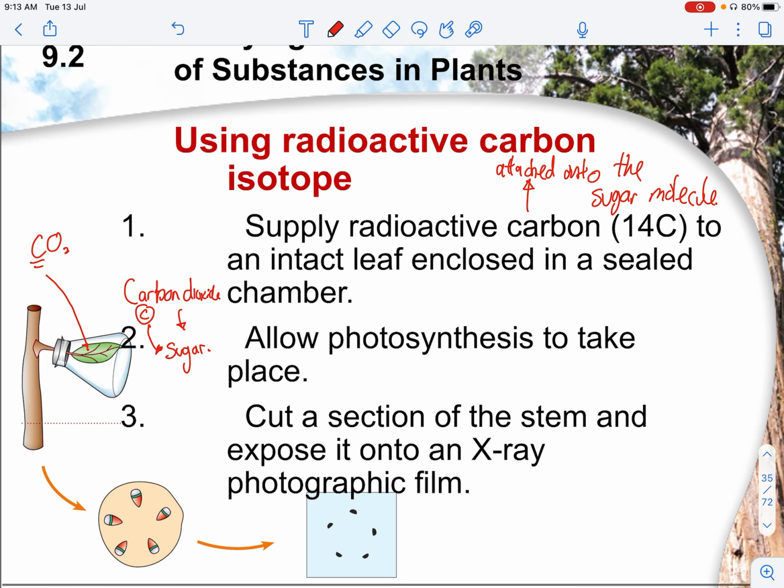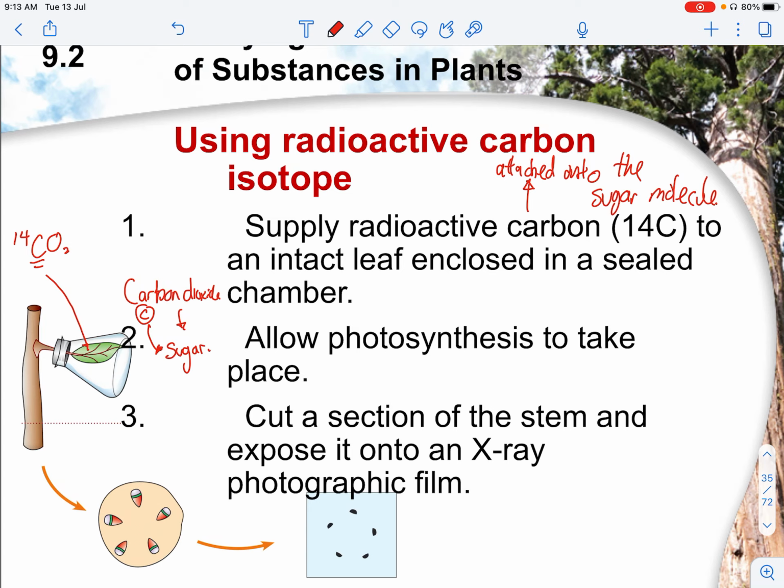So we use a radioactive carbon isotope. This radioactive isotope is carbon-14, and it is put together with oxygen to form carbon dioxide. So the carbon dioxide will carry the carbon-14 isotope.